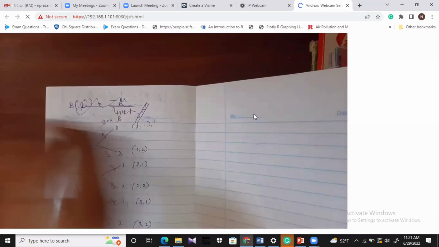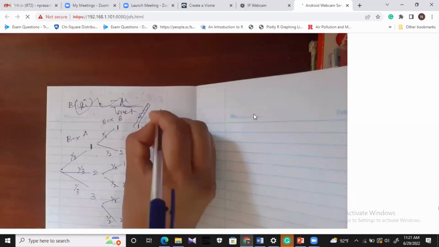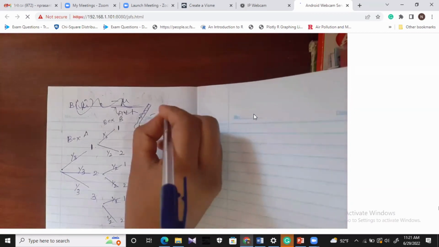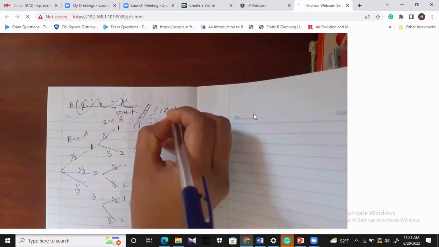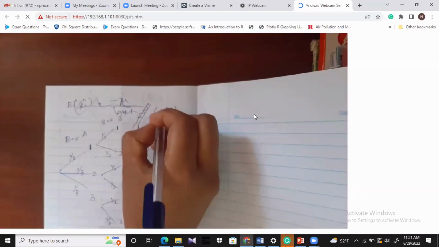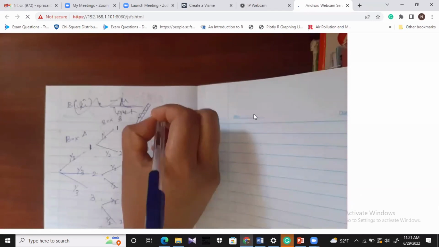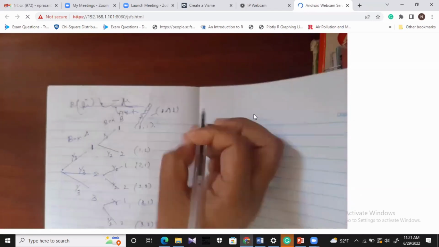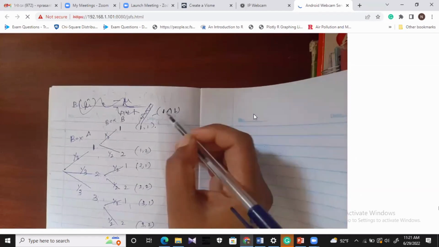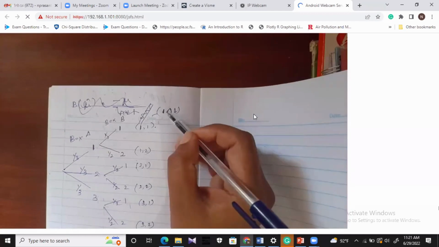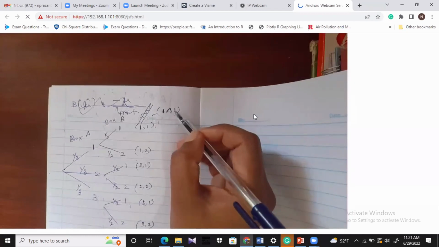Understand, this 1, 1 means 1 and 1, or 1 intersection 1. This one is different from that one. This one is getting number 1 from box A, and the second one is getting number 1 from box B. That's why we are writing it as 1 and 1.